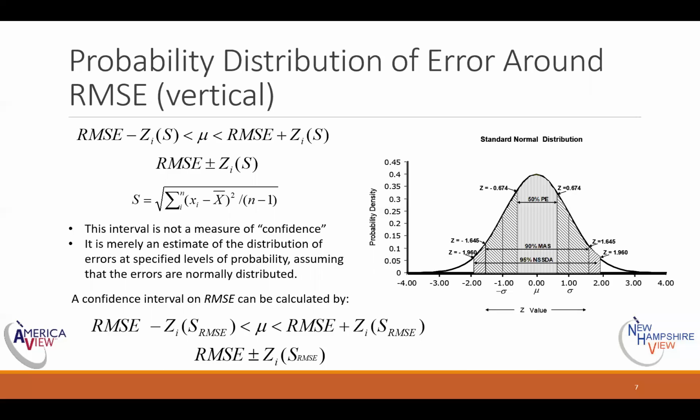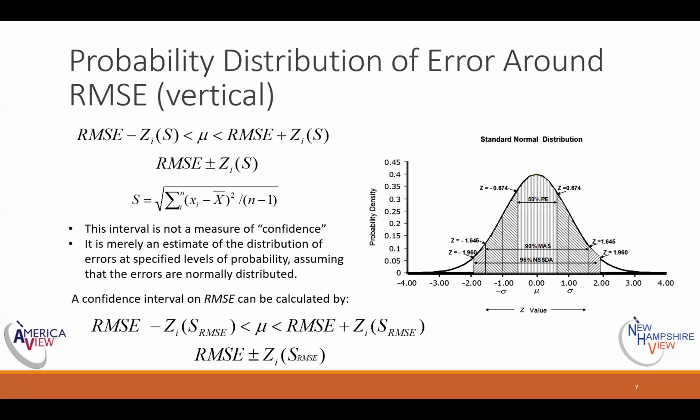So you have to remember that the interval is not a measure of confidence. It's merely an estimate of the distribution of errors at some specified level of probability, assuming that the errors are normally distributed. So there's a whole bunch of assumptions in here. And so you can calculate a confidence interval on root mean square error using the equation below.